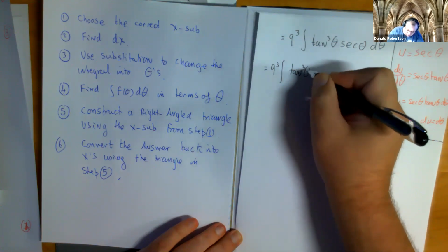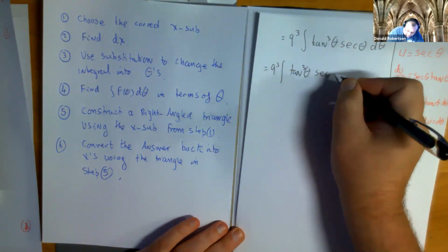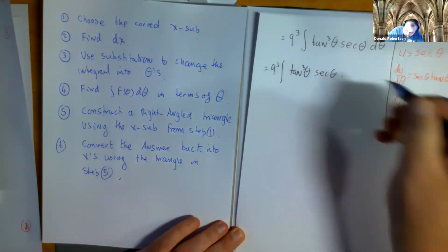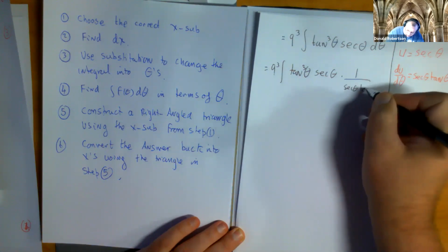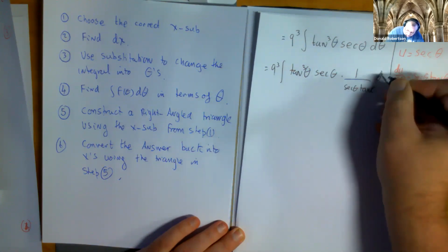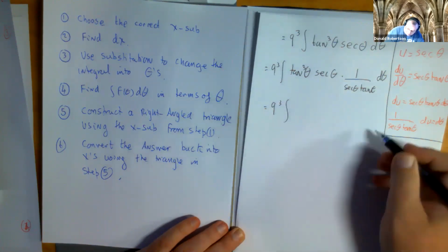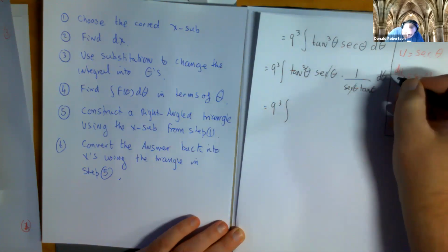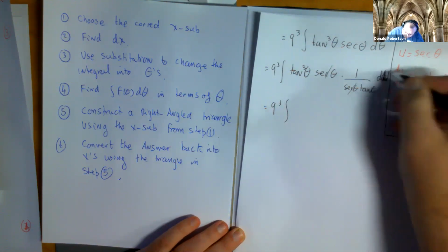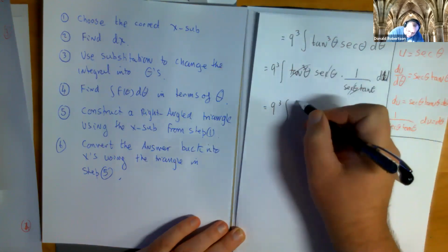That's a fella that looks like that. This fella I'm going to leave for a minute. And then I'm going to do a secant tan, do a d theta, and some cool stuff happens. One secant, it's a U. One secant cancels, one tan cancels.